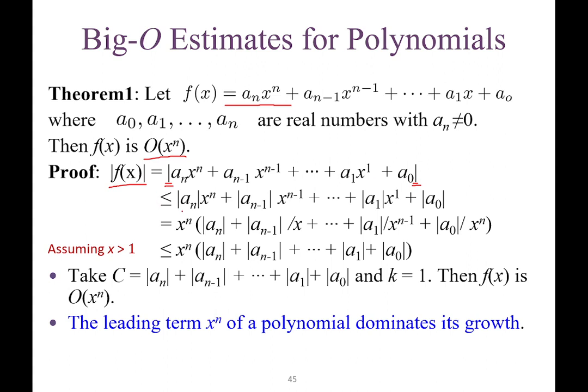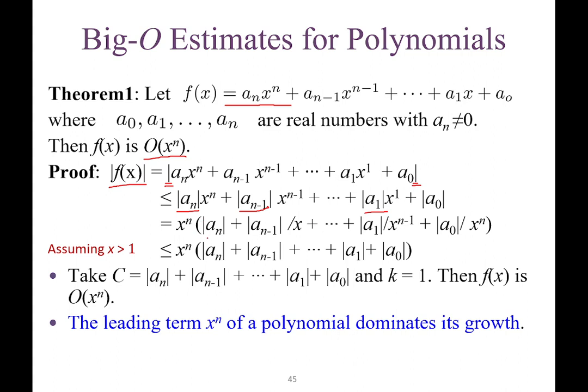Once you apply absolute value to each coefficient, the summation will be larger than or equal to the original polynomial function.